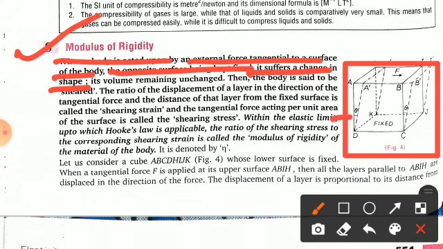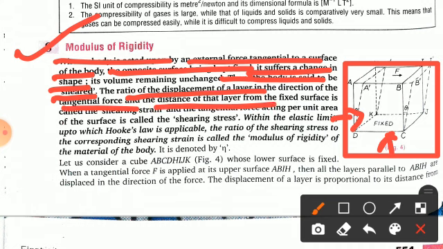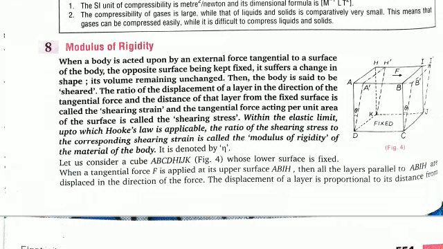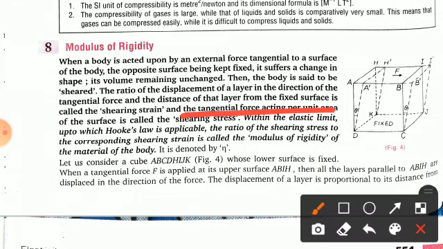Means if you apply a force from this direction and the base is fixed at its own position, there is a change in the upper surfaces, its volume remaining unchanged, then the body is said to be sheared. The ratio of the displacement of the layer in the direction of the tangential force to the distance of the layer from the fixed surface is called the shearing strain. Clear? And the tangential force acting per unit area of the surface is called the shearing stress.